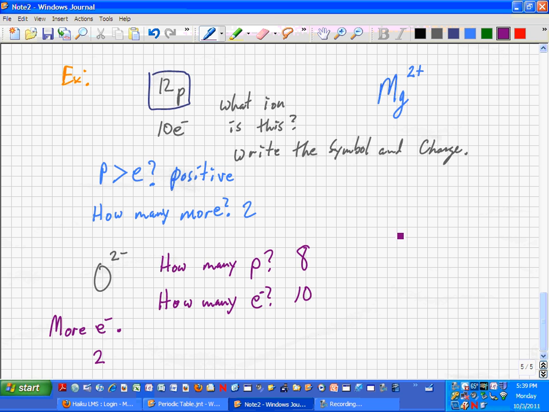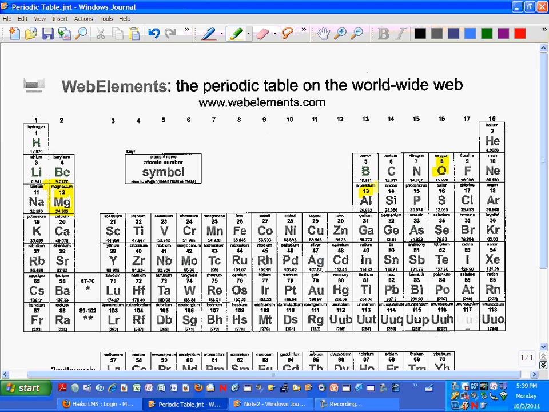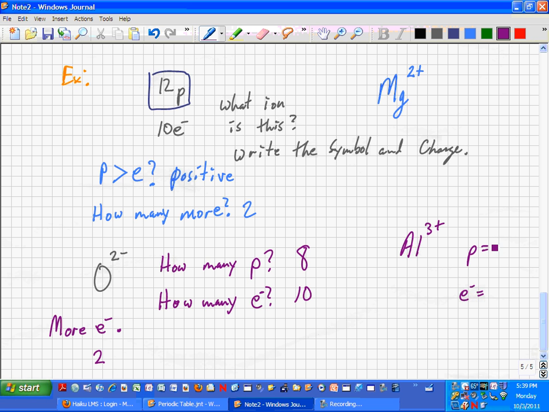Let's try one more. Let's go with the symbol. Let's say we have something like aluminum with a positive 3 charge. And I want to know how many protons and how many electrons. Well, first thing I'd do is go for the protons because that's easy. There it is, 13 aluminum. We got 13 protons. The electrons, I have a positive charge.